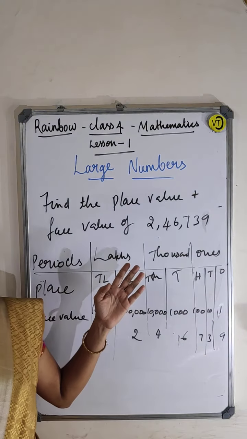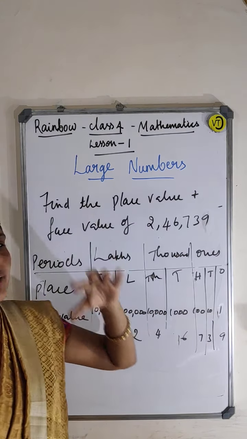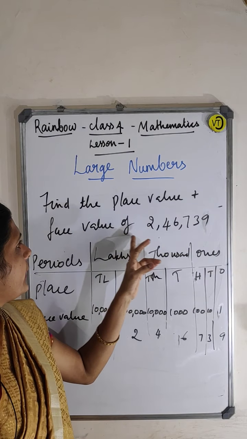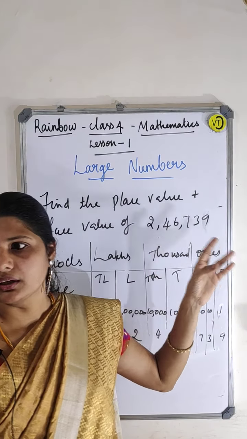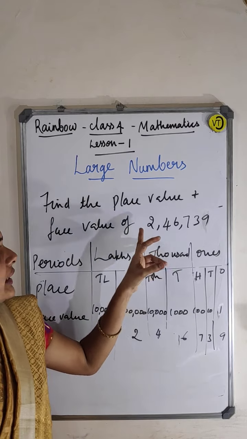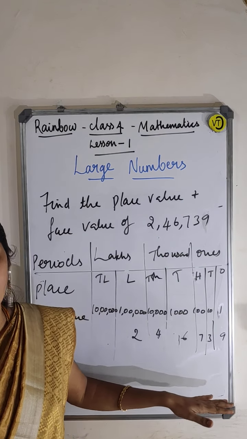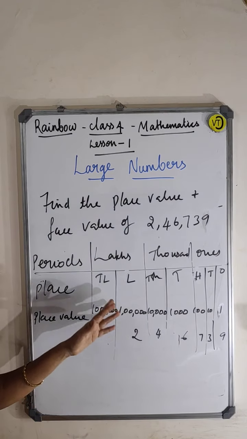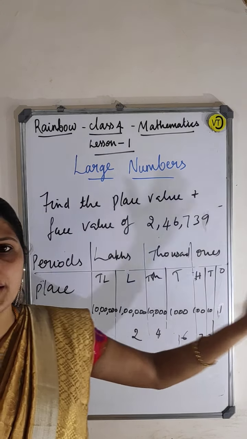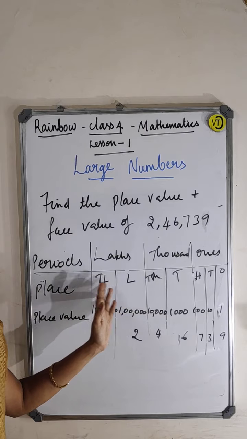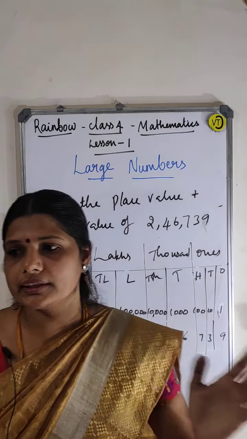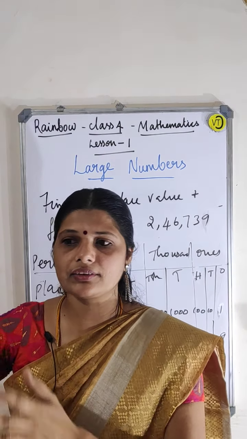Now you see the board here, what they are telling: find the place value and the face value of this number. So you have to represent each and every digit on the place value chart. You know the periods, right? Ones, thousands and the lakhs. In the ones period it will be ones, tens, hundreds.